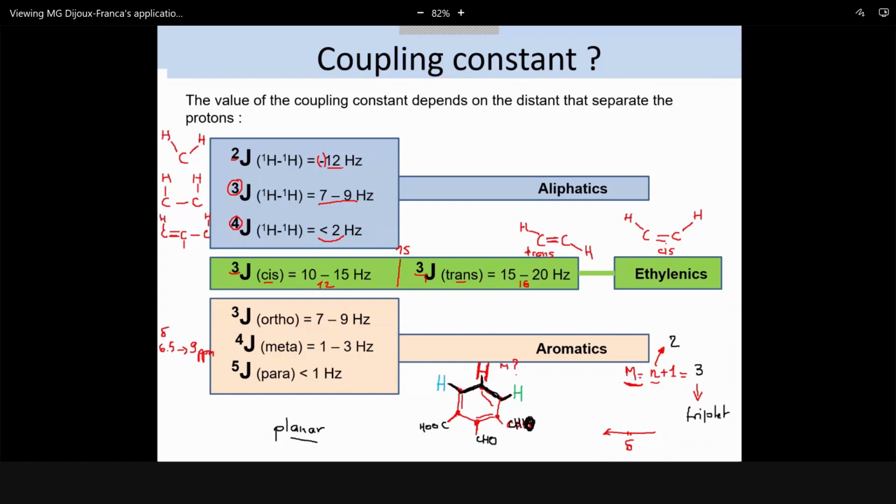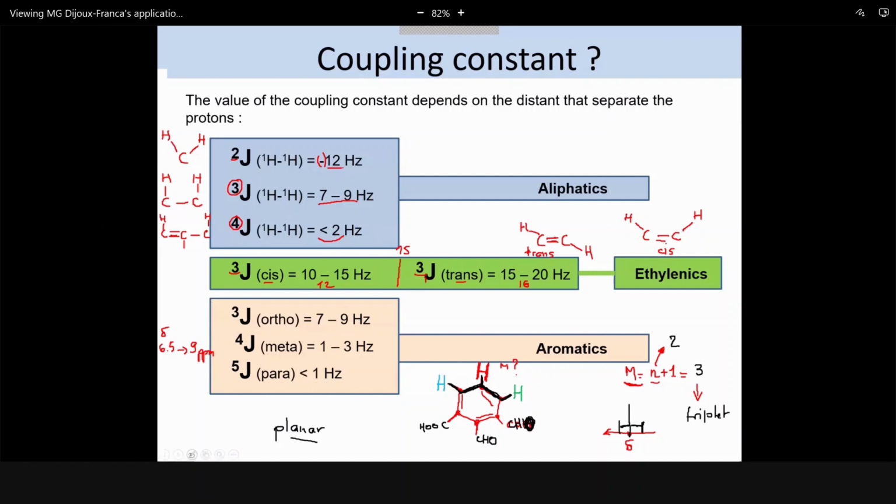Okay? A triplet means that the line in the middle is twice as high as the 2 lines on each side. And the chemical shift is at the middle line. And the distance here is the same as here.